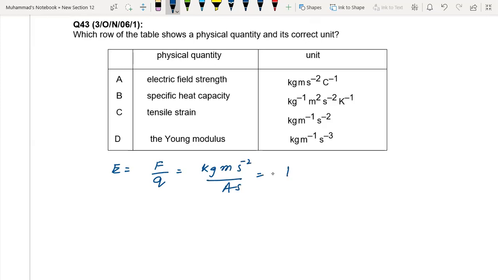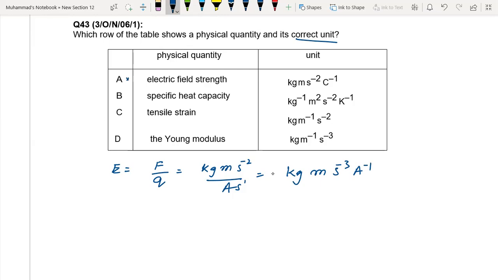You have to work for all options and simplify them. kg m s minus 3 A minus 1. So this is the unit of electric field strength, kg m s minus 2 s minus 3. But this is incorrect. We have to find the correct unit.